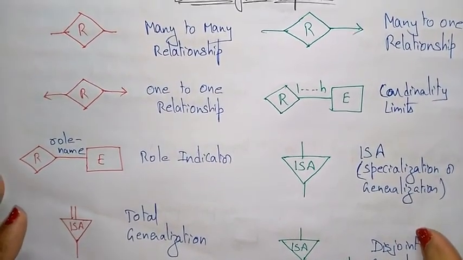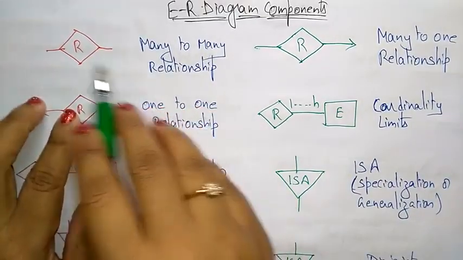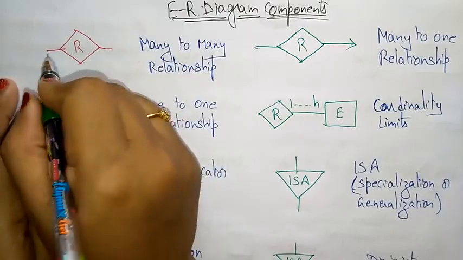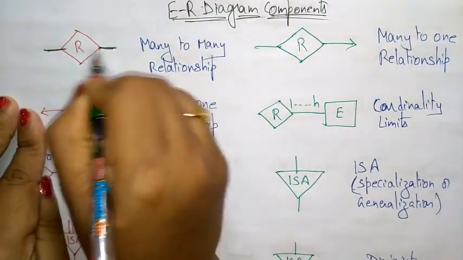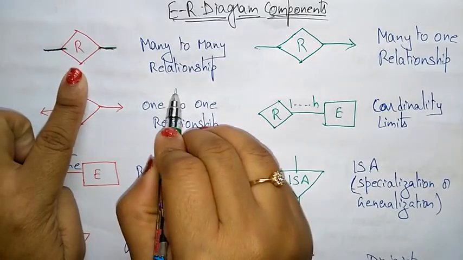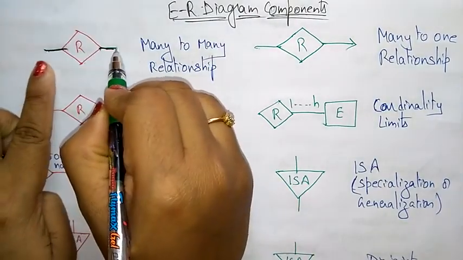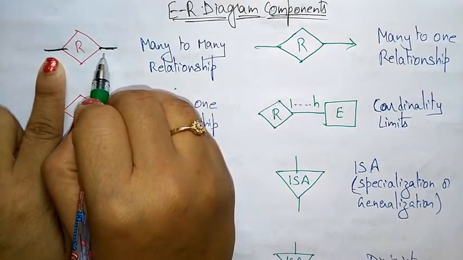Here you can see some more ER diagram components. So this is a relation. If you represent this relation without an arrow, on this side and that side, this is a many-to-many relationship.